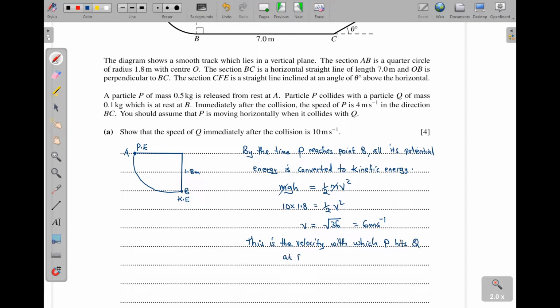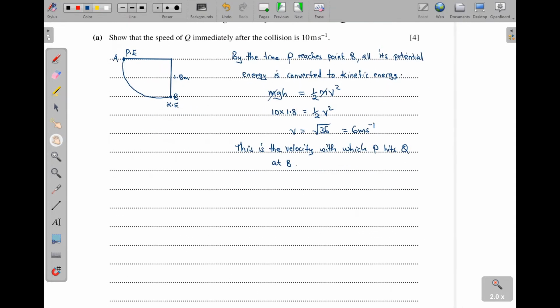Now, using the principle of conservation of momentum, mP uP plus mQ uQ is equal to mP vP plus mQ vQ. Momentum before collision is equal to momentum after collision.